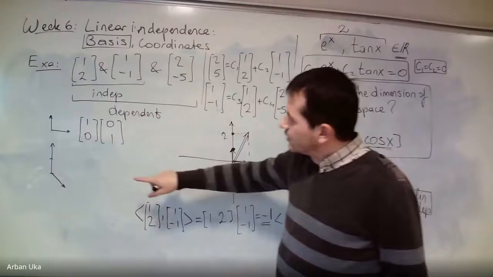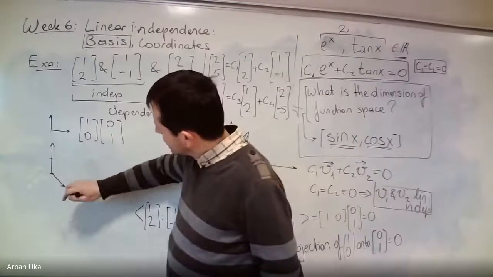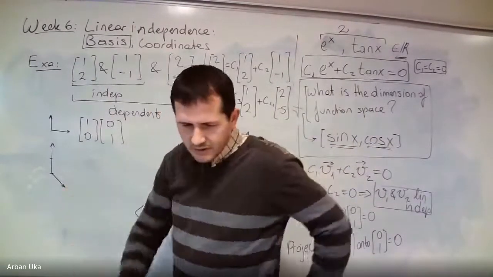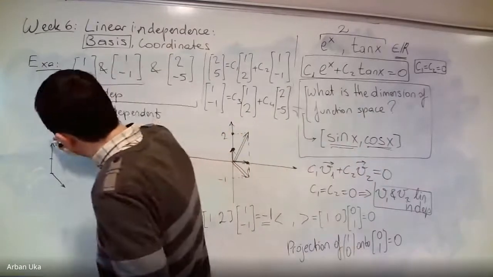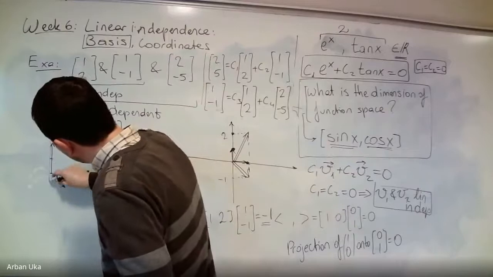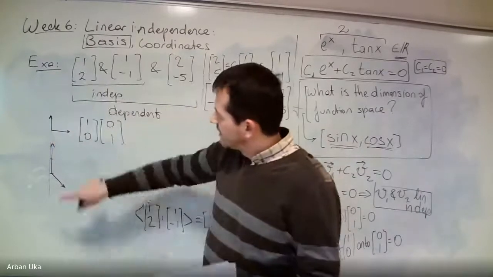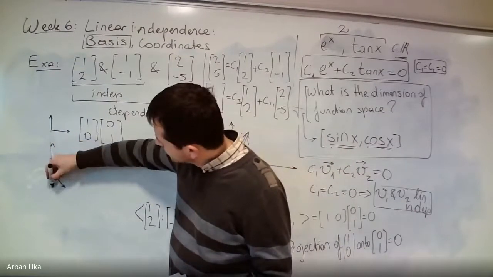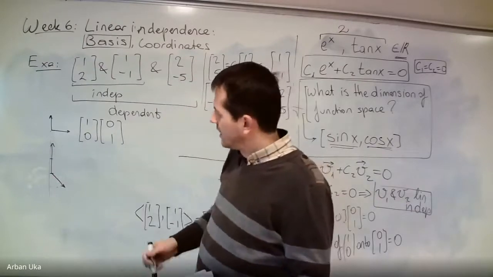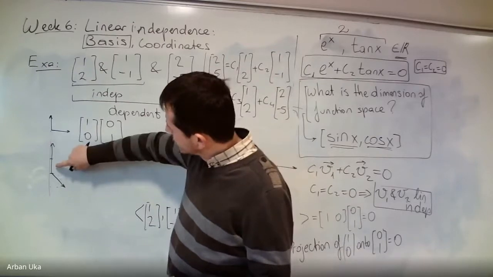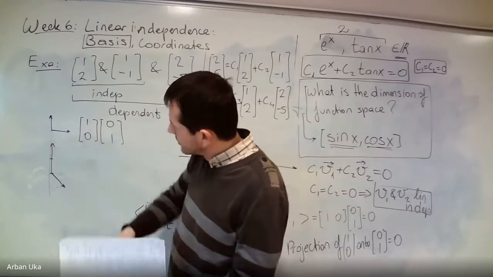So if we look here, what is the projection of this vector onto this red line? The projection is going to be this much, but it's in the opposite direction, so it's negative. Also, what is the projection of the larger vector?